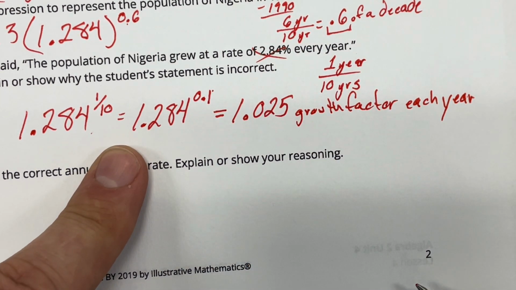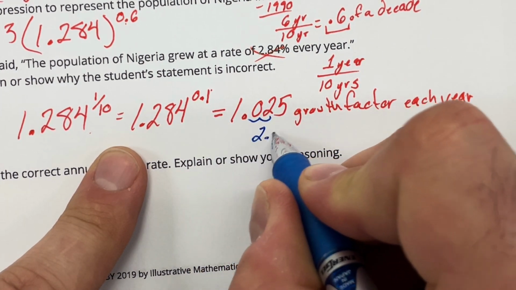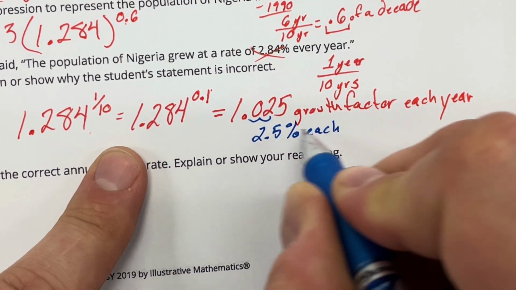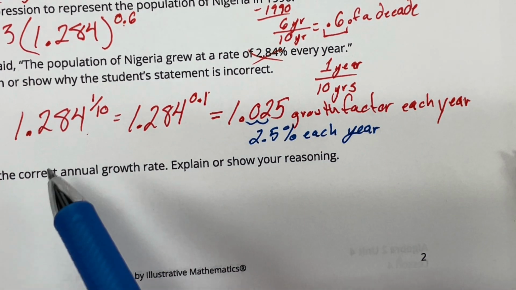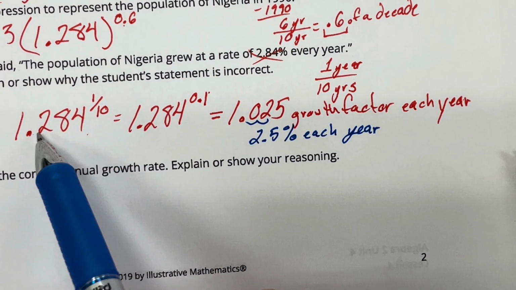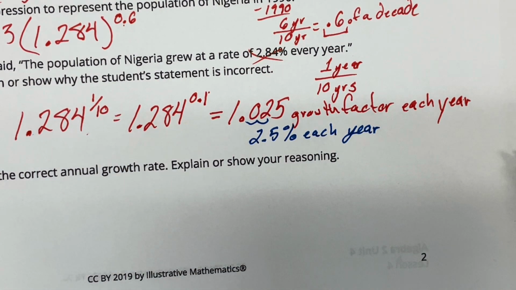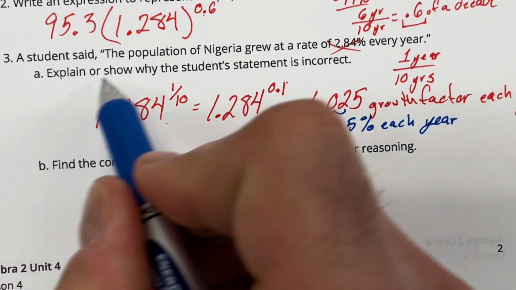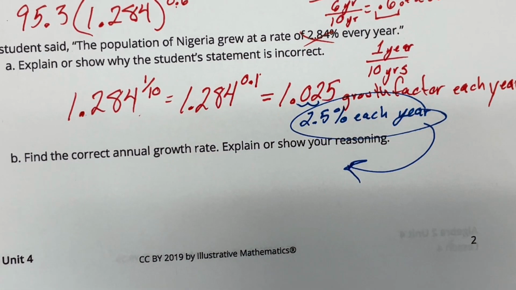If we move the decimal over twice and take off the 100%, this is 2.5% growth each year, not each decade. That's how we figure that out. How did we do that again? We took the growth per decade and we set the power as the fraction of that decade that we wanted to find. So that's actually A and B all in one. That's the answer to this one. Done.